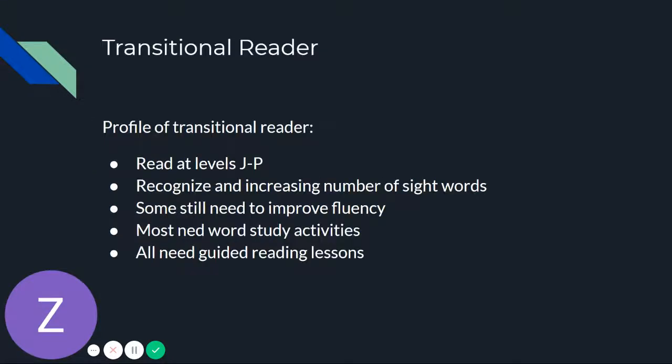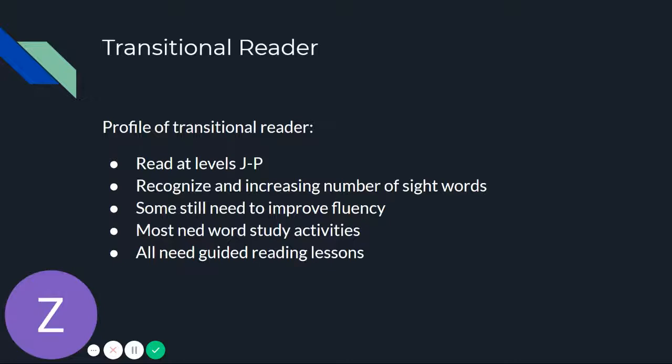The next stage is the transitional reader stage. The profile for a transitional reader is that they read at text levels J through P. One thing to know about this group of readers is that they are a pretty diverse group, and some of their specific needs definitely vary.